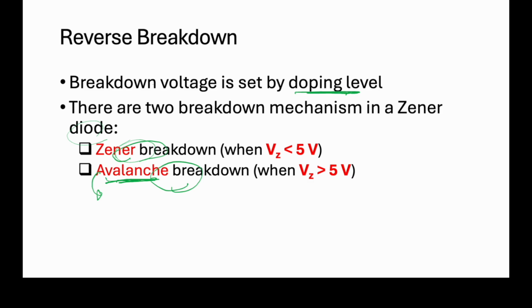Over that particular limit, it falls into avalanche breakdown, where it will make the Zener diode overheat and damage. Usually the breakdown voltage of the Zener diode must be lower than 5 volts. If it is more than 5 volts, it will fall into avalanche breakdown.